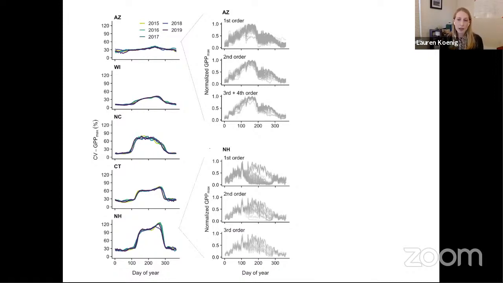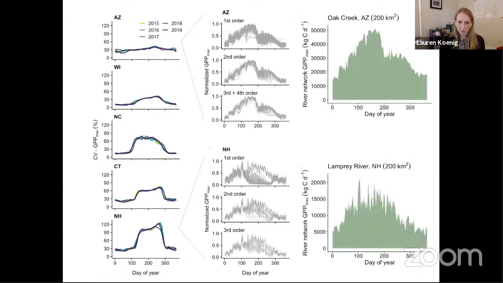And so here, heterogeneity is really driven by differences in the predicted light regime among headwater streams. And even though we think of this watershed as heavily forested, there are actually a lot of interspersed landscape patches with greater or less light availability that contributes to this heterogeneity.